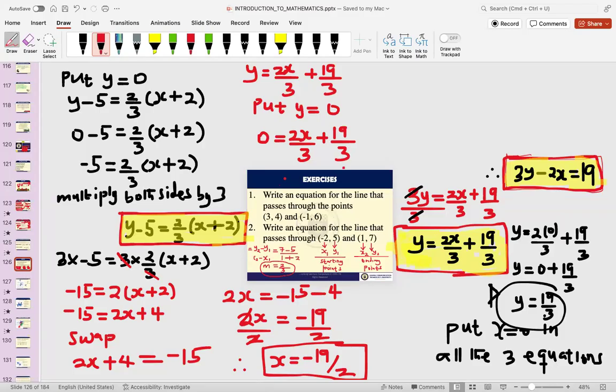So I always tell you that we want the equation to be straight. We don't want it in fractional form. So because of this 3, what do we do? We multiply every side. So multiply both sides by 3.